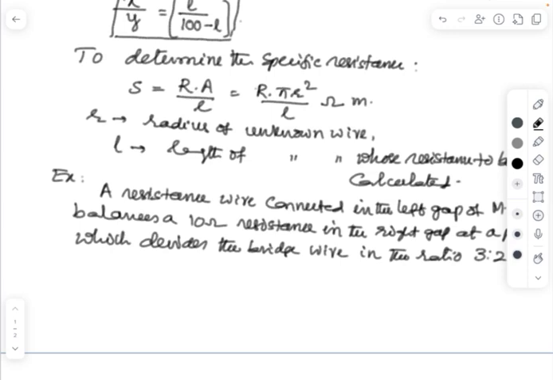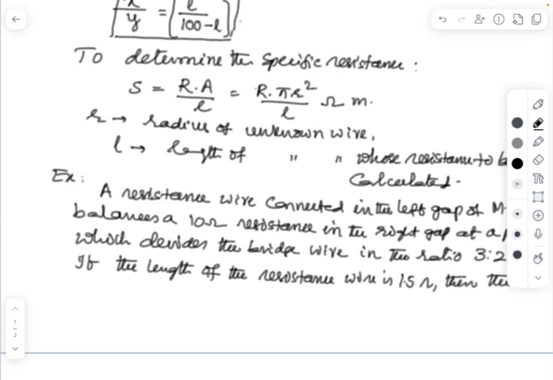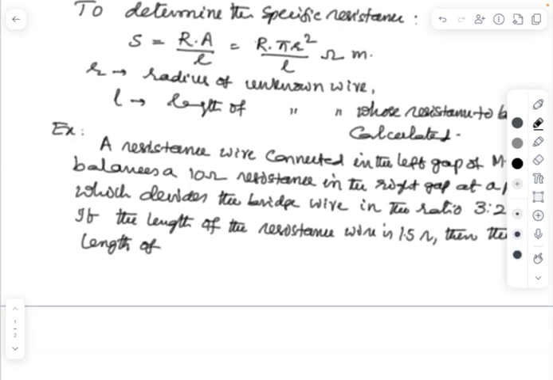If the length of the resistance wire is 1.5 meter, then the length of one ohm of the resistance wire is... This is NEET 2020.